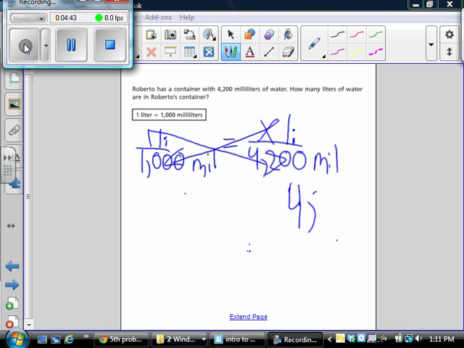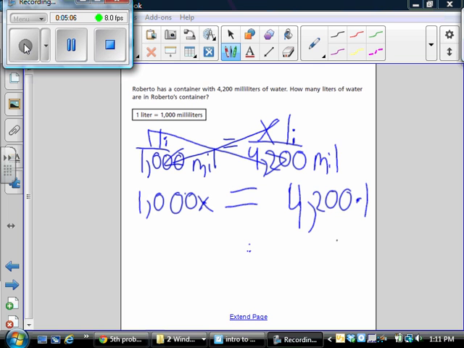So now what we're going to do, we're going to make, make sure you put an equal sign between them. Thank you.